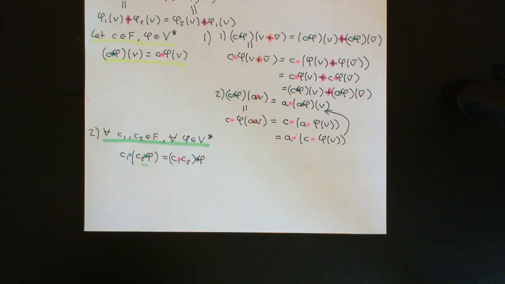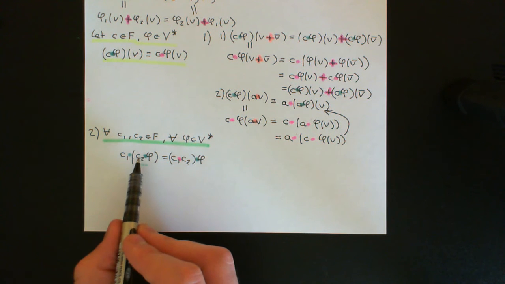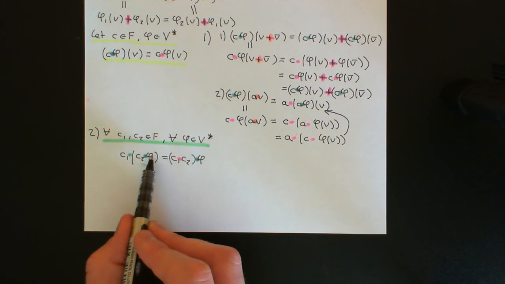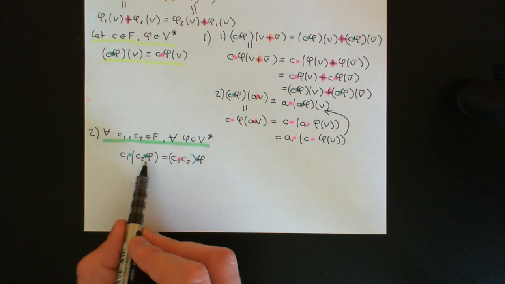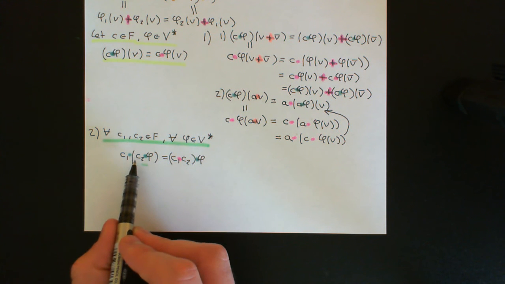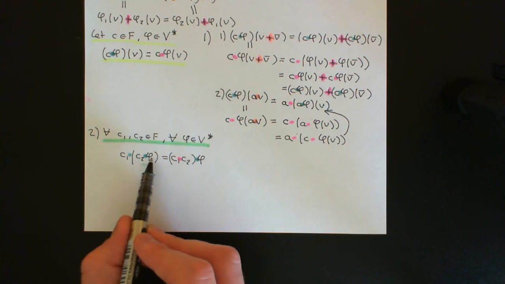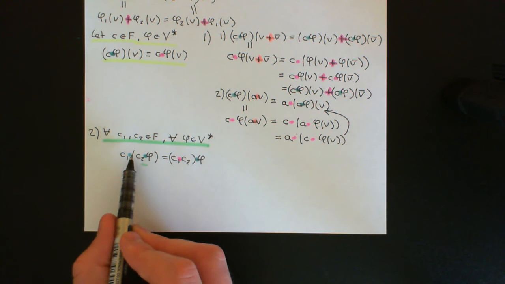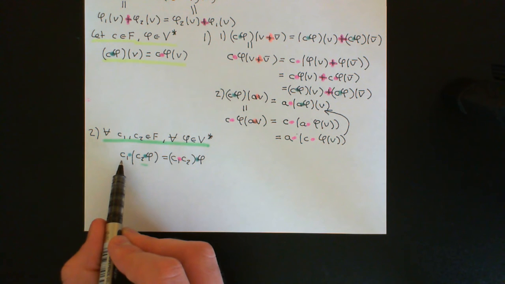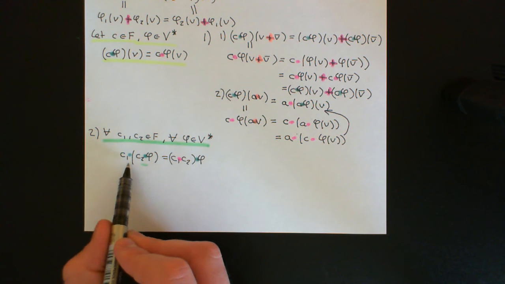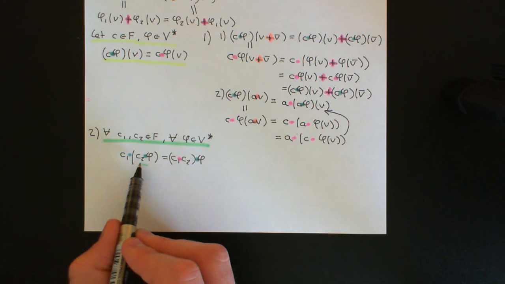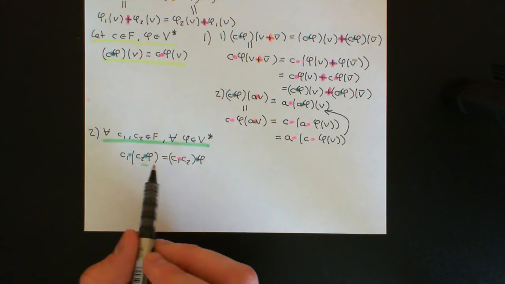So it basically says that either you can firstly scalar multiply the element of the dual vector space, the covector here, by C2, get some answer which is another element of the dual vector space, and then scalar multiply that by C1 and get some final answer there. Okay, so scalar multiply twice.